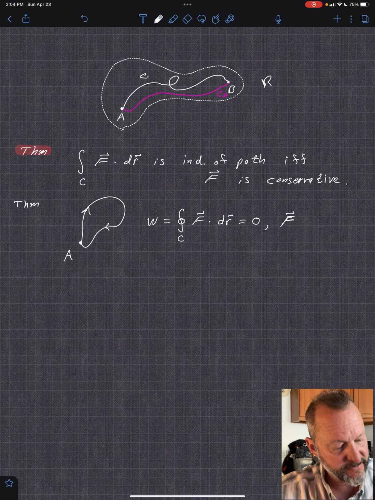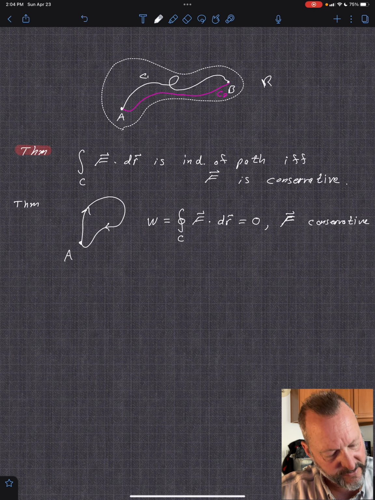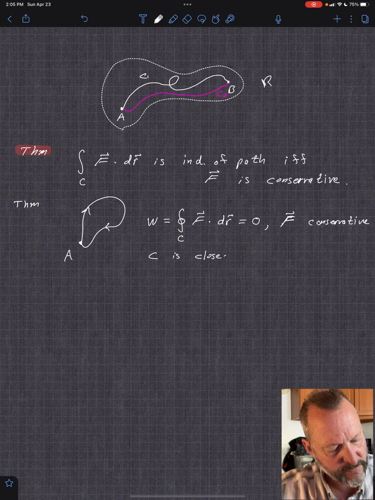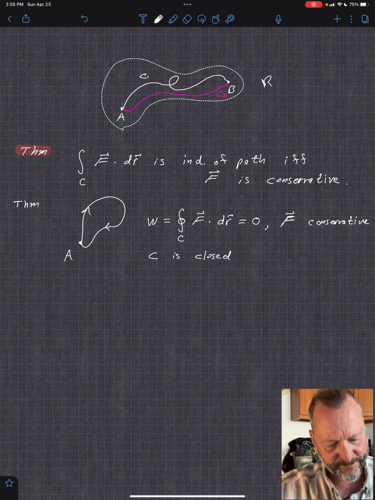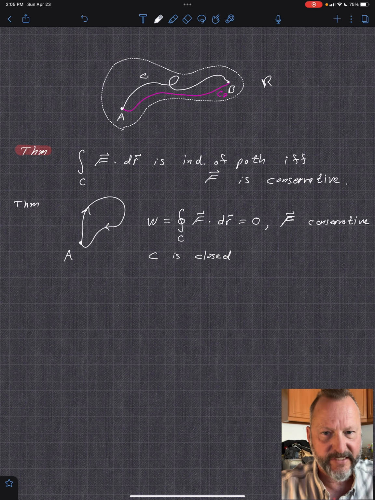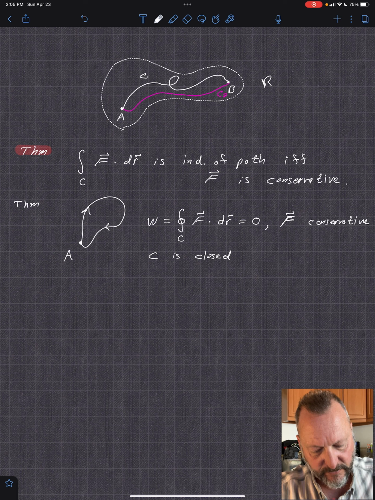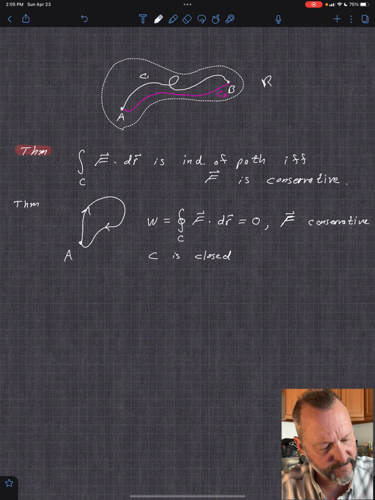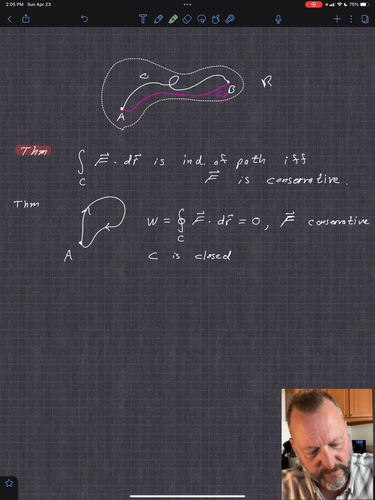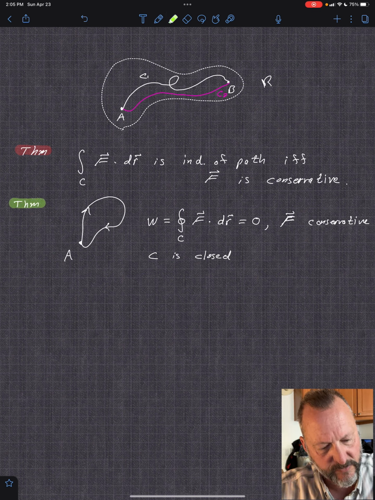So f conservative, C is closed, and it's in an open connected region and all that. I'm just trying to beat it up a little bit. So closed curve. Okay.